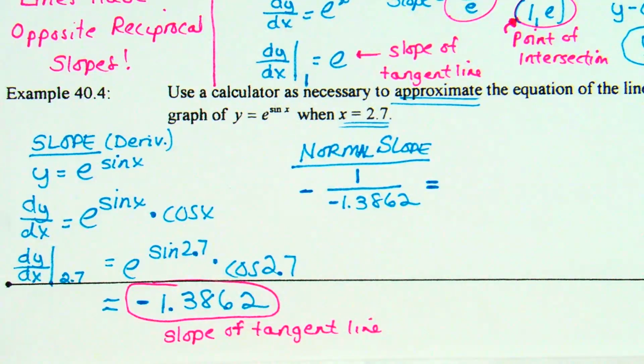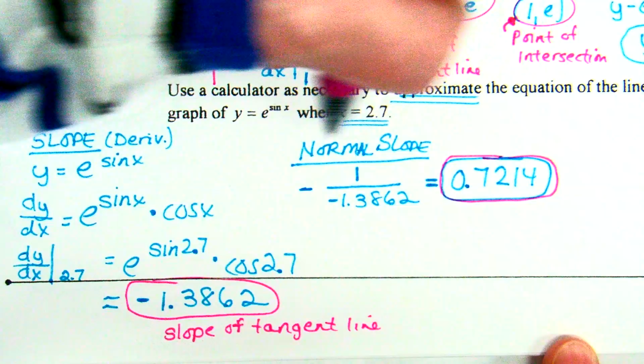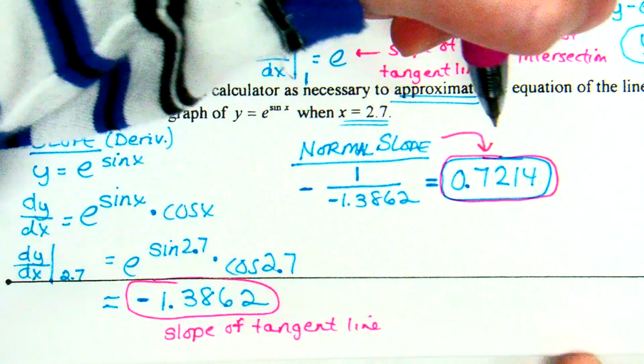So basically, what's 1 divided by 1.3862? 0.7214. And what is this? Yeah, this is our normal slope, and it is an approximation, but we're going with it.